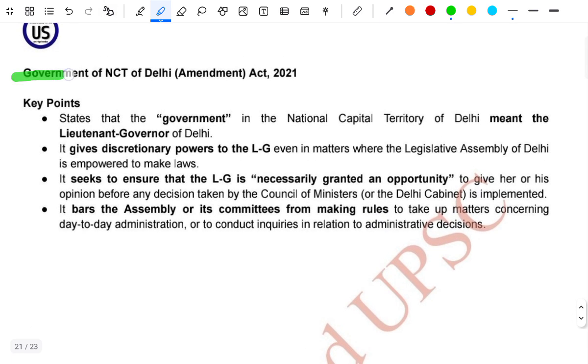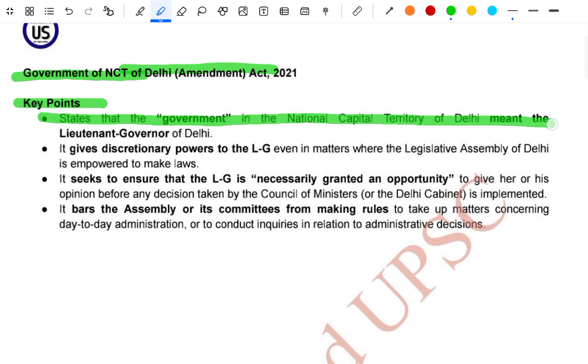The Government of NCT of Delhi Amendment Act 2021. The key point is that the government in the National Capital Territory of Delhi means the Lieutenant Governor of Delhi. It gives discretionary power to the LG, even on matters where the Legislative Assembly of Delhi is empowered to make law.